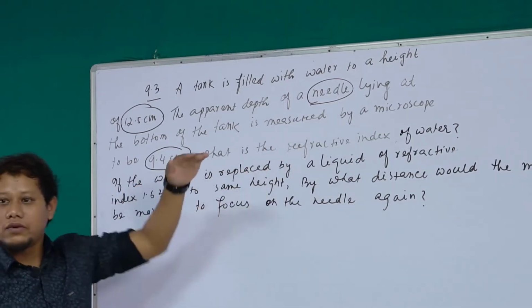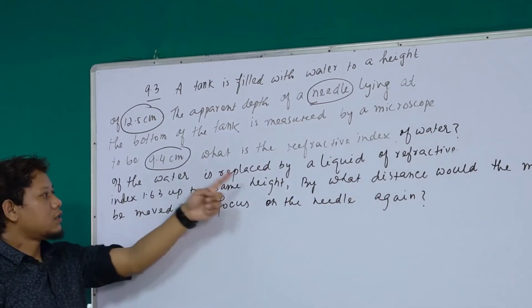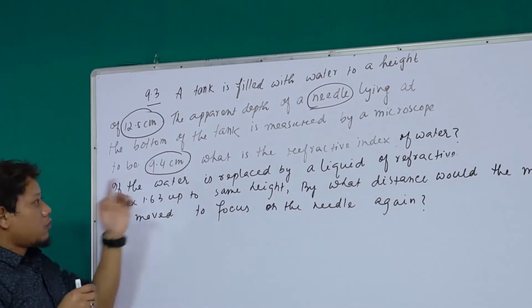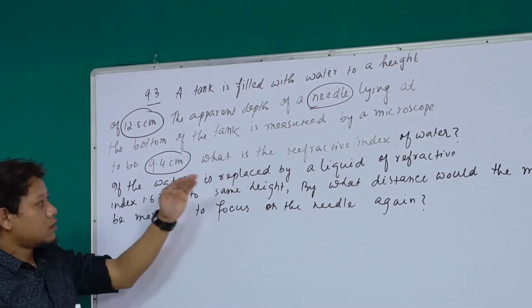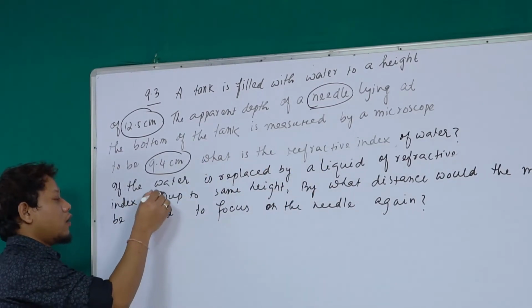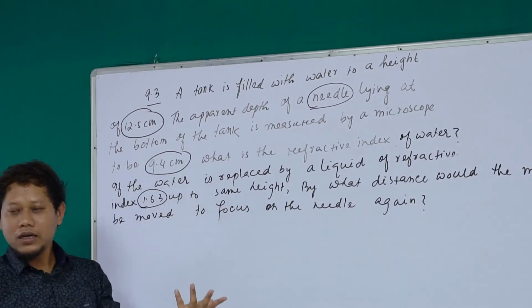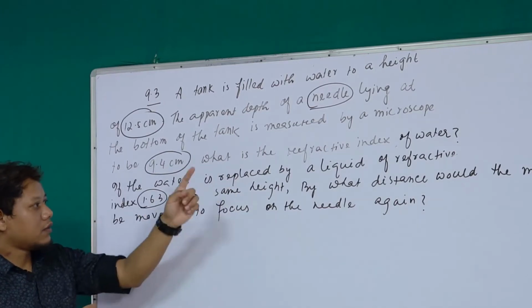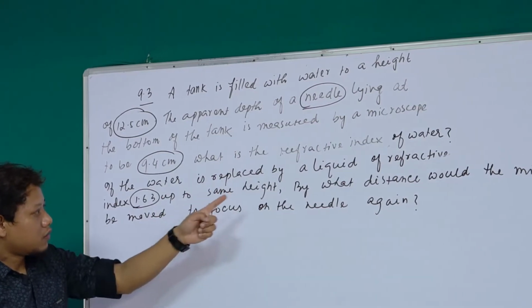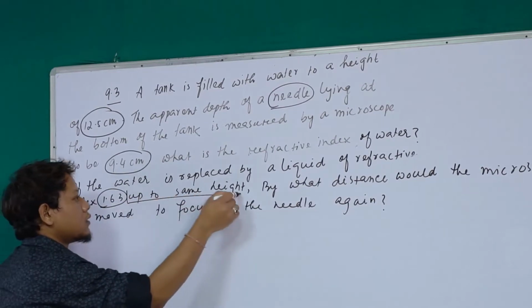This is the first part of the question, and the next part is: if the water is replaced. Initially the tank was filled with water. Now we are going to replace the liquid. If the water is replaced by a liquid of refractive index 1.63, up to the same height, the real depth will be the same again, because they mentioned the same height.